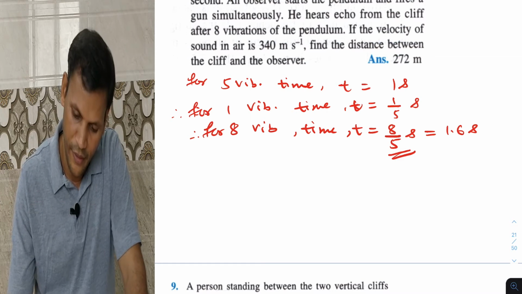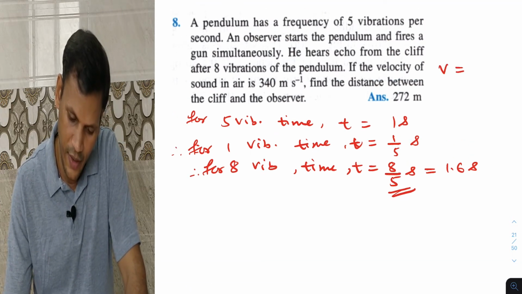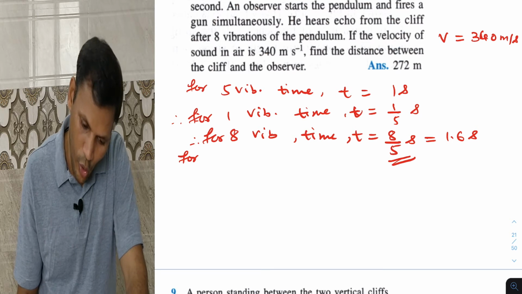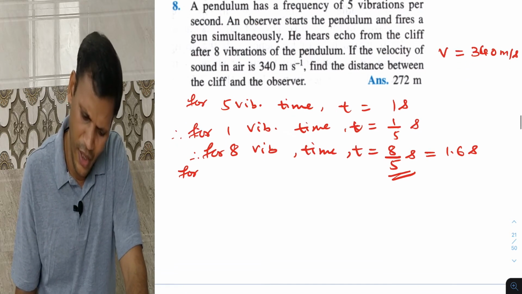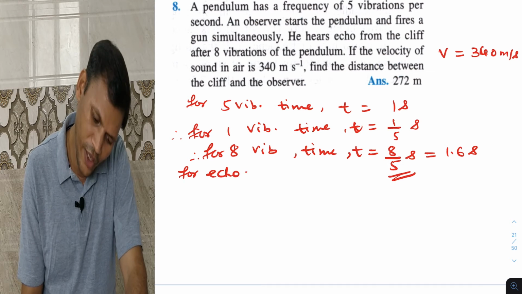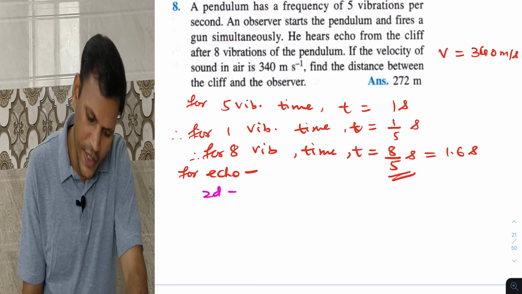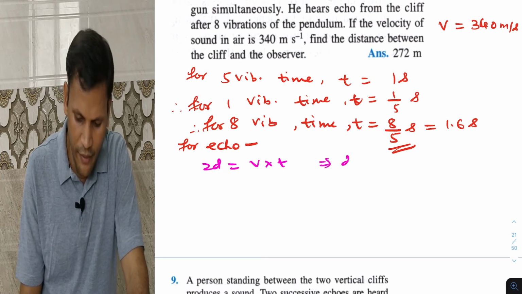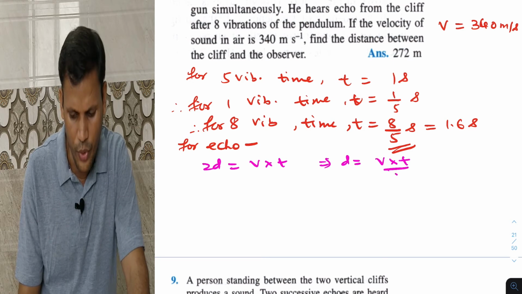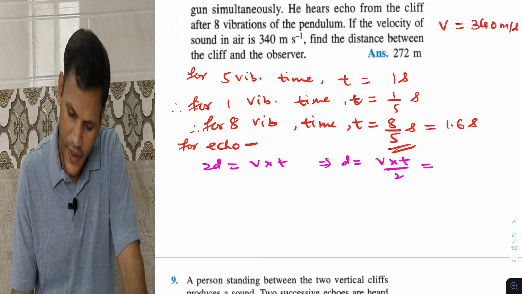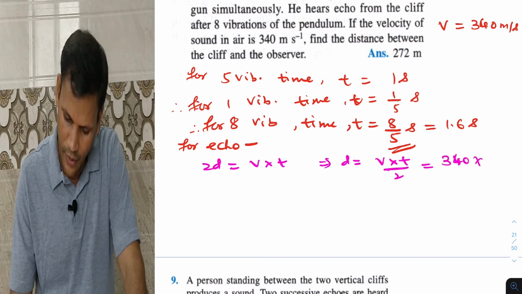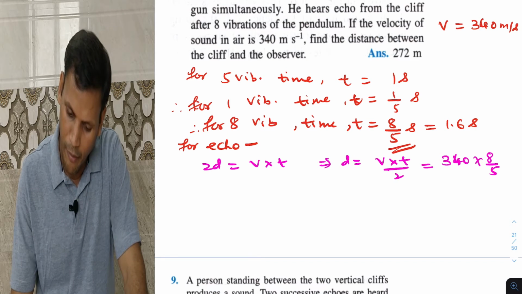And v is given, v is 340 meter per second. So we have to calculate the distance. For echo, we can write 2d is equal to v into t. So d will be v into t by 2. So v is 340, into t is 1.6 or 8/5, by 2.